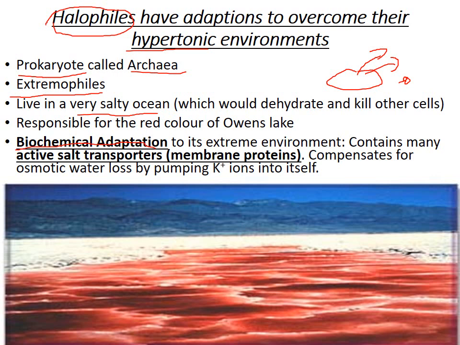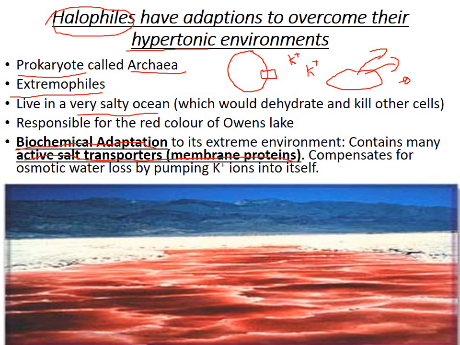So it has these things called active salt transporters. They're basically proteins in the membrane that will pump potassium ions into the organism. So let me show you what I mean by that. We have a very salty environment, and let's say the salty stuff comes from potassium ions out here.